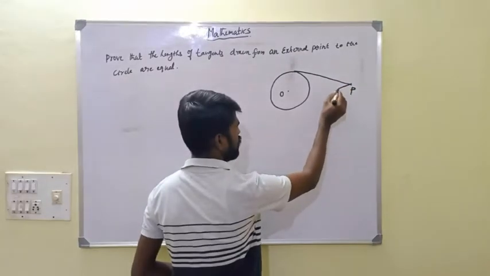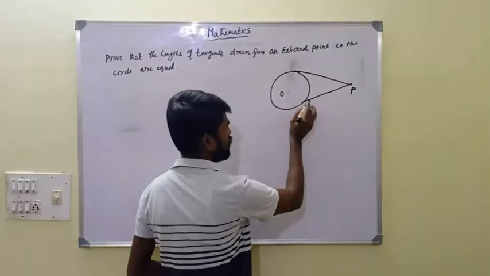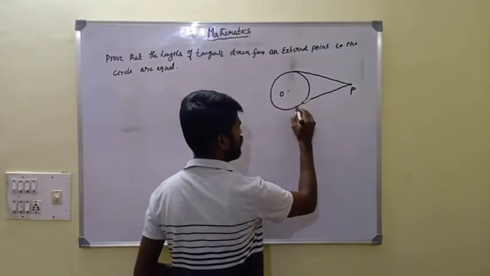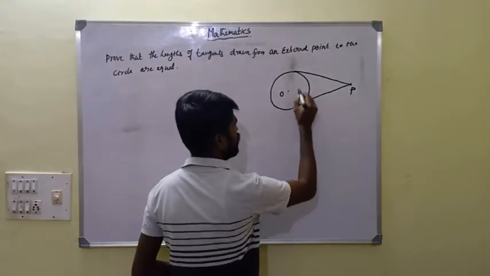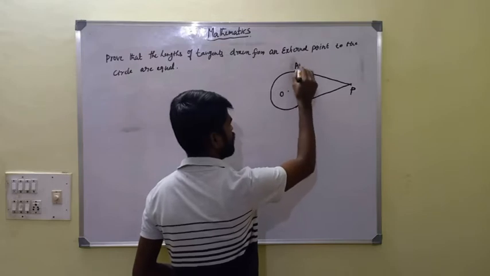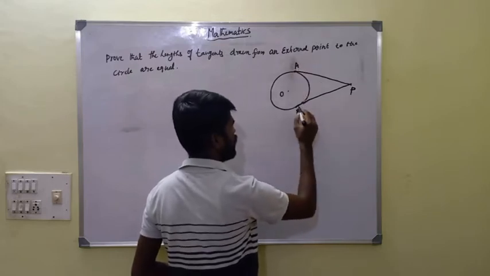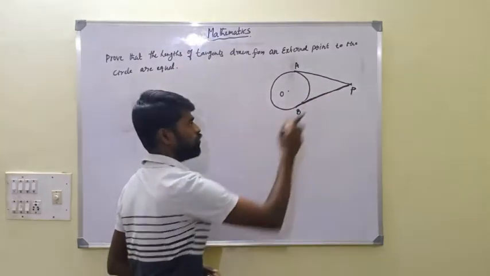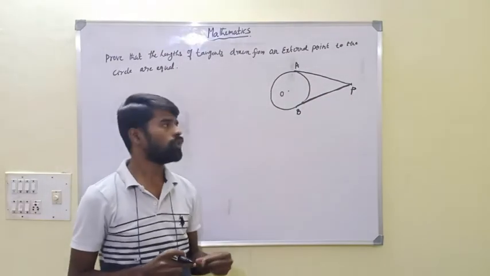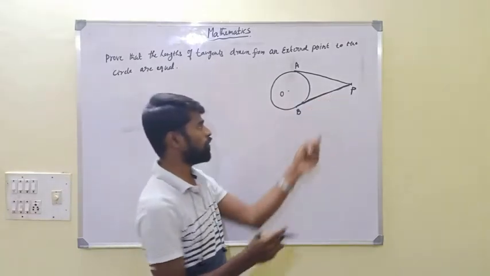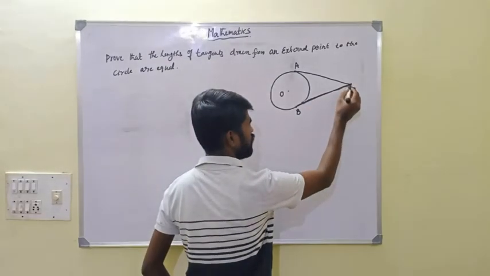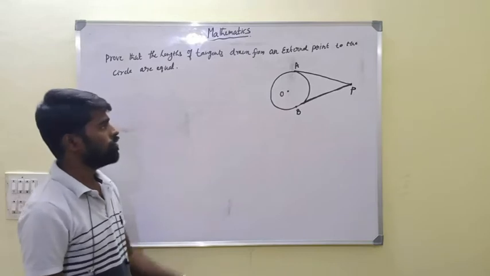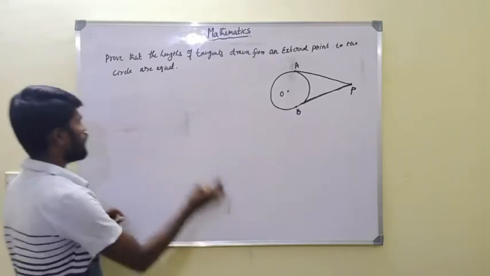Now let us rename the points of contact as A, B. AP and BP are the two tangents drawn from external point P. Now we will write this under given.